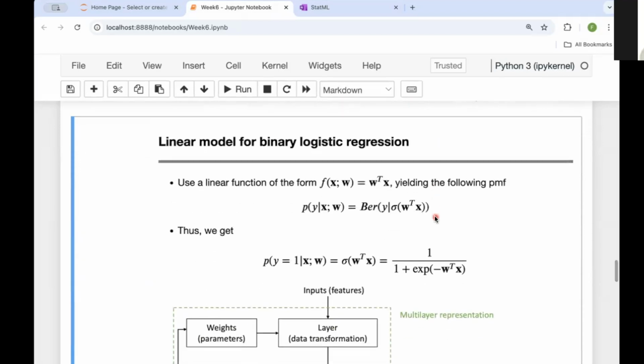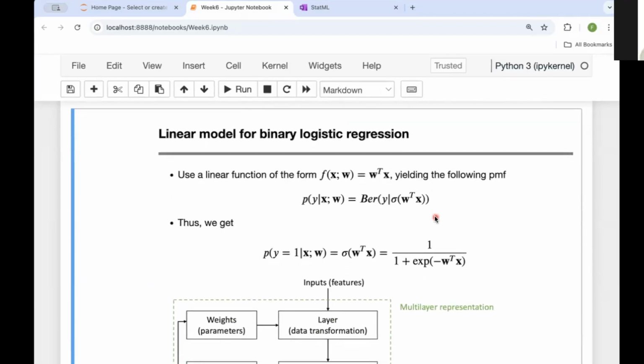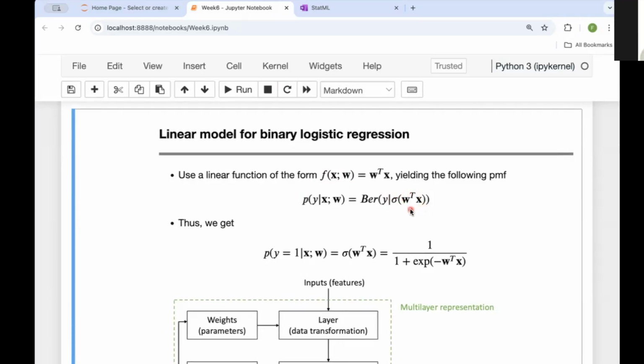And just to complete our discussion about logistic regression, to understand what this statistical model is, we have a linear function of the input inside the sigmoid function, right? So before we had this sigmoid logistic function and then another function of x inside.